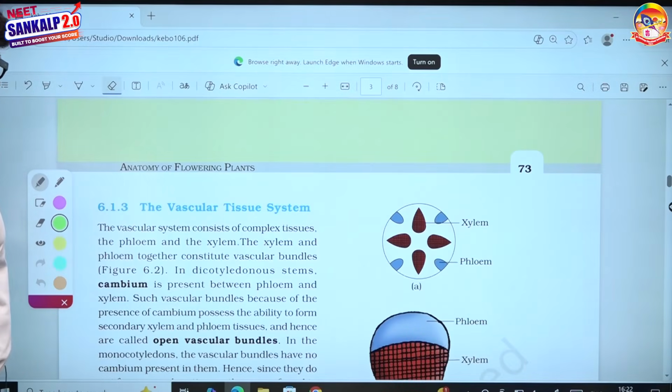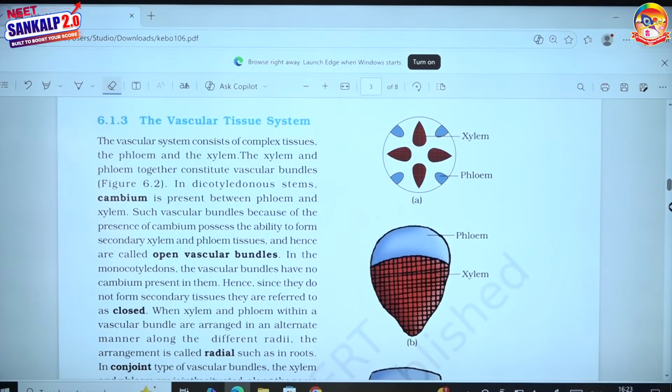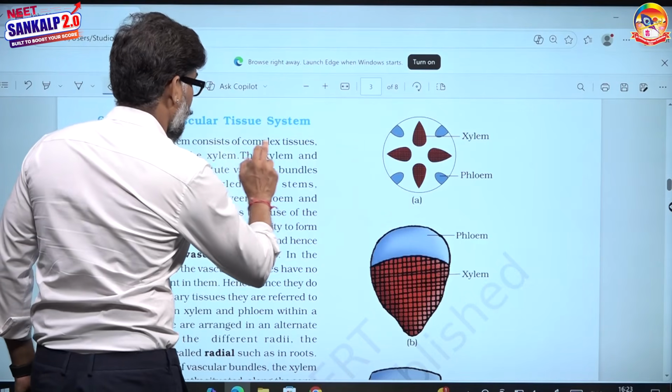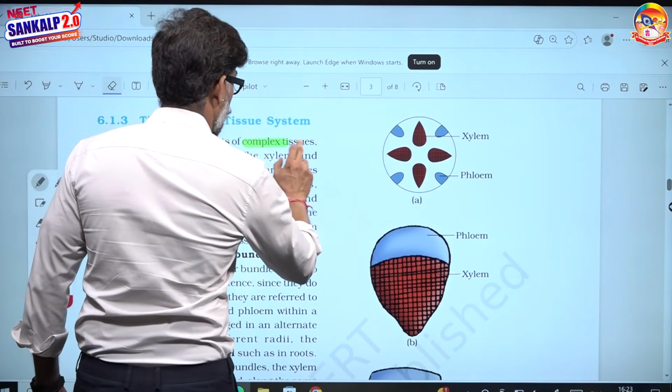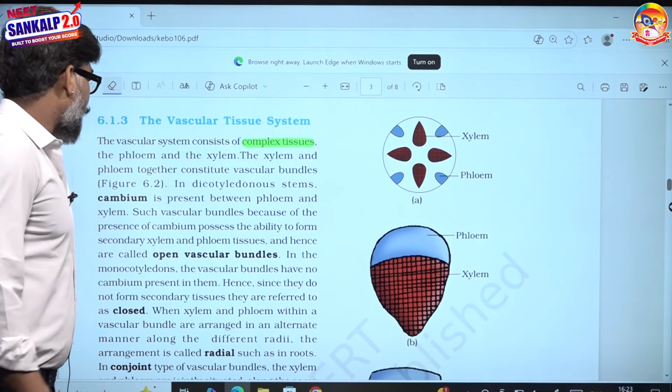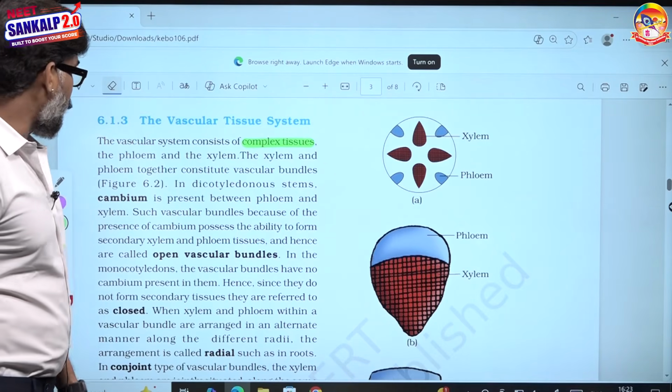Next is the vascular tissue system. The vascular tissue system always consists of complex tissues. What are the complex tissues? Phloem and xylem. The xylem and phloem together constitute the vascular bundle.